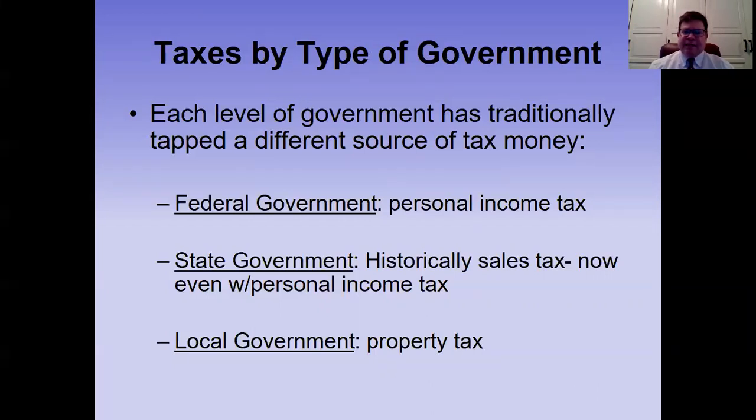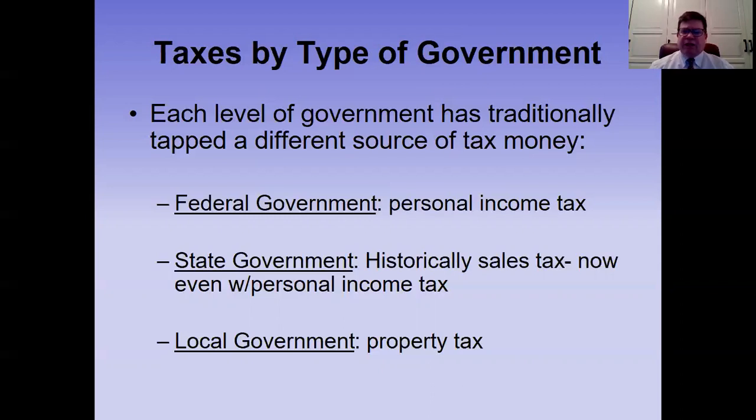Now, many states have instituted income taxes, and in many states, the income tax is on par with the sales tax. Although we'll see a little later, the sales tax is still the highest overall source, but the income tax is also important. And finally, at the local government level, historically, the property tax has been the biggest source of revenue, and it still is.